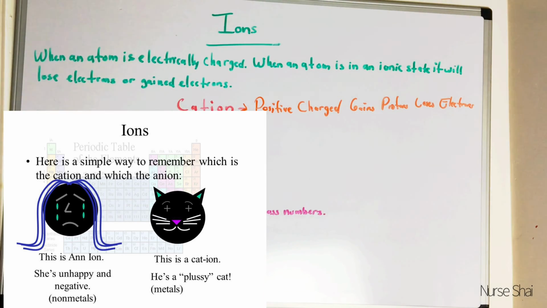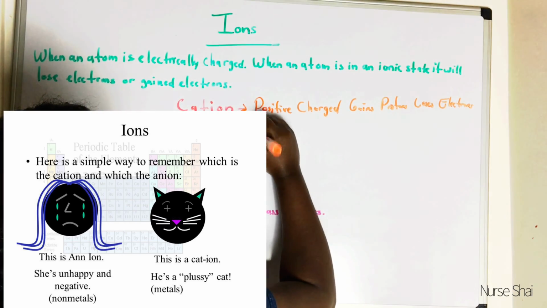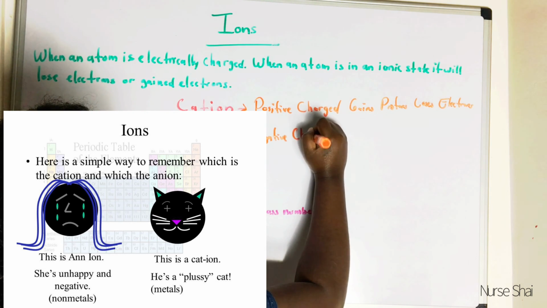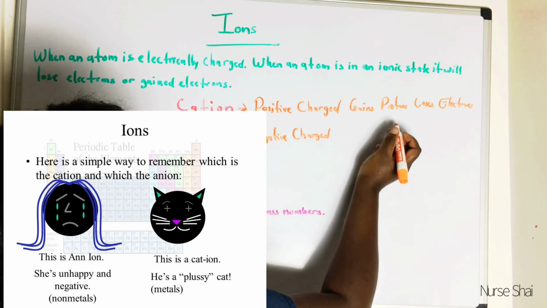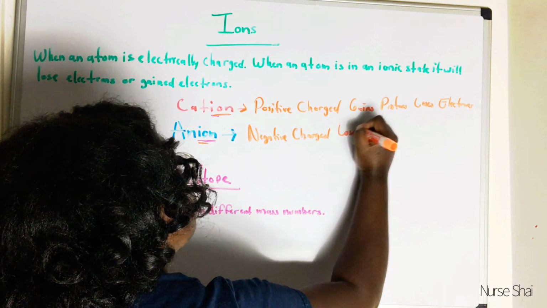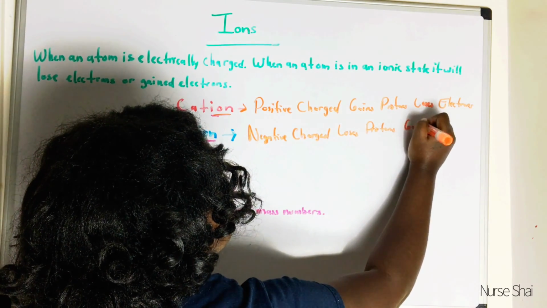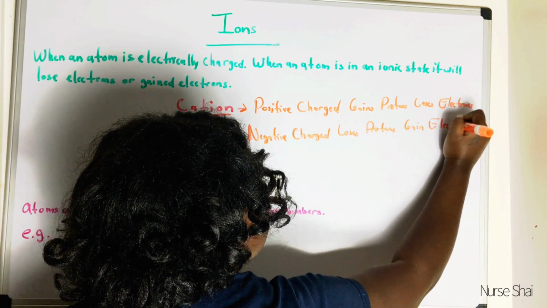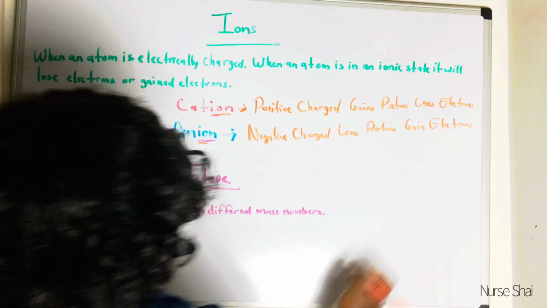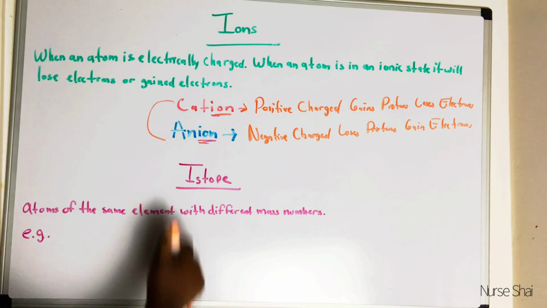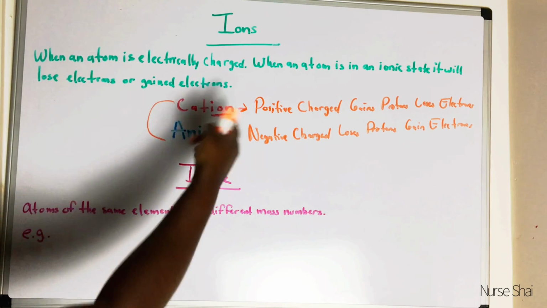And an anion is negatively charged because it loses protons but gains electrons. So these are two different types of ions.